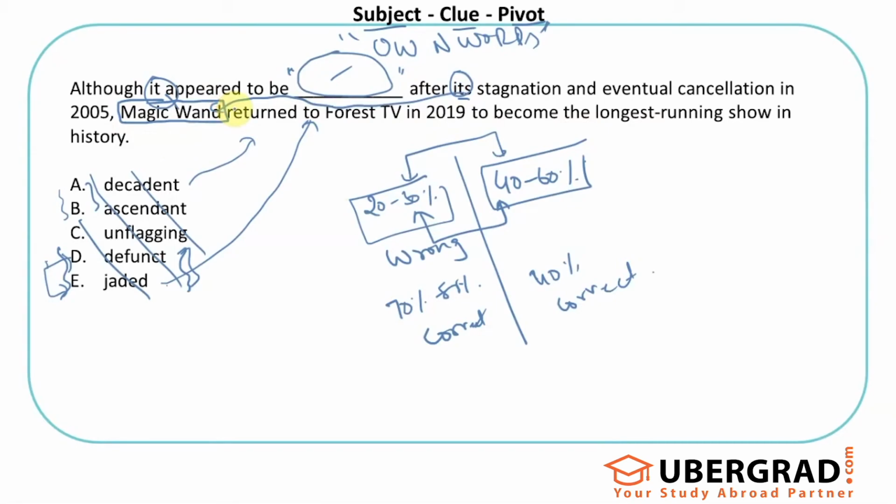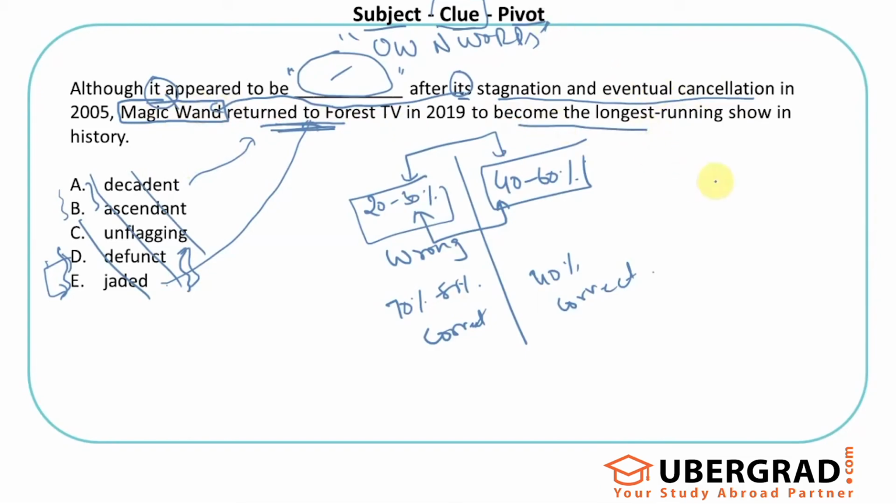Although Magic Wand appeared to be dash after its stagnation and eventual cancellation in 2005, Magic Wand returned to Forest TV in 2019 to become the longest running show in history. So what is the clue, the key point being talked about in the line? It's that it was stagnated and cancelled in 2005, and then it returned to become the longest running show.